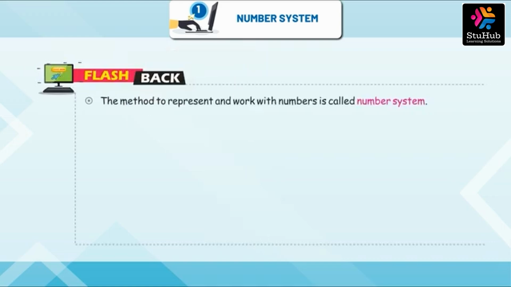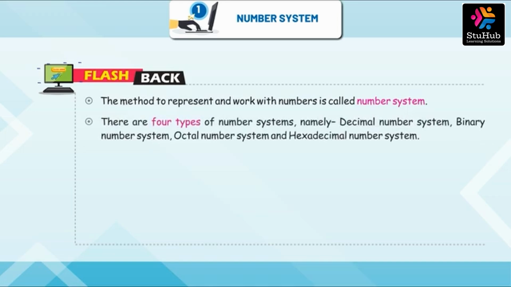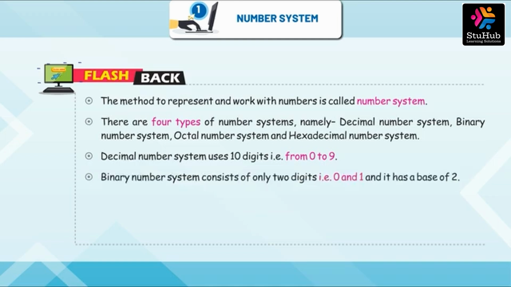Flashback. The method to represent and work with numbers is called number system. There are 4 types of number systems, namely decimal number system, binary number system, octal number system, and hexadecimal number system. Decimal number system uses 10 digits, from 0 to 9.